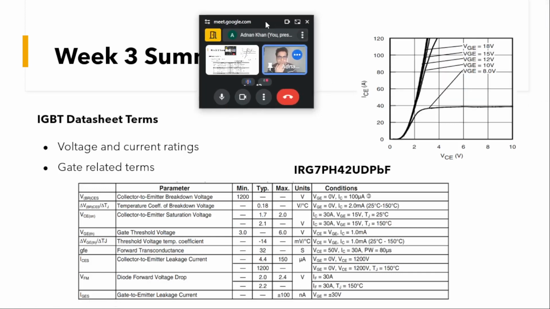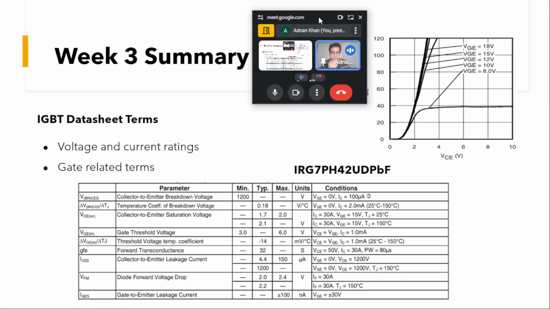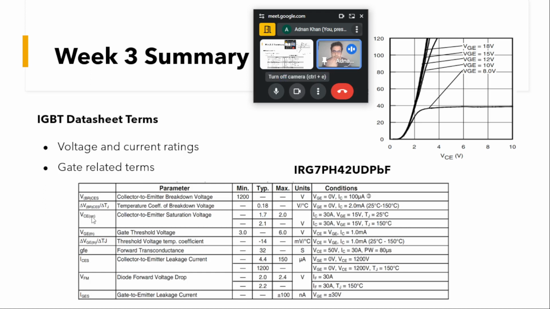After that, we have other terms like the collector to emitter breakdown voltage, which is around 1200 volts. Then there is a temperature coefficient of the breakdown. It varies with temperature. So if our temperature rises, there will be some variation in the breakdown voltage, and it will vary at 0.18 volts per degree centigrade.